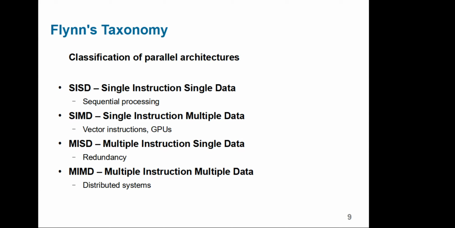And in the end, there's multiple instruction, multiple data, and that's basically distributed systems, either really distributed systems, where different nodes run a different instance of a program, so they are executing different instructions at the same time, and each of them has their piece of memory, so they are also operating on different data, or a multi-threaded setting, where each thread is at a different part of execution of maybe the same algorithm, but they're not executing the same instruction at the same time, because one's maybe fetching from memory, one's doing some addition, one came across some if condition and is executing something else.